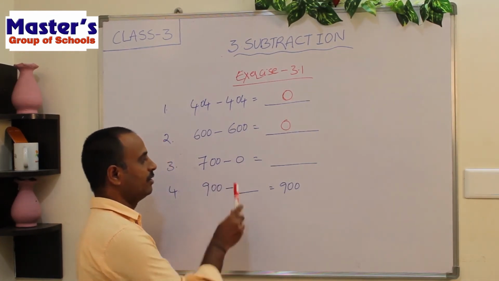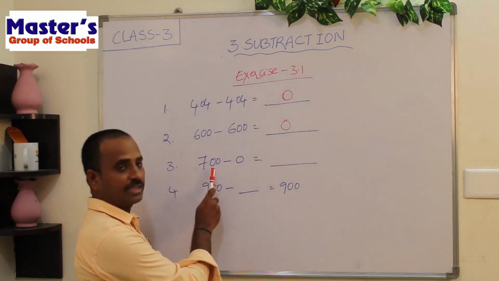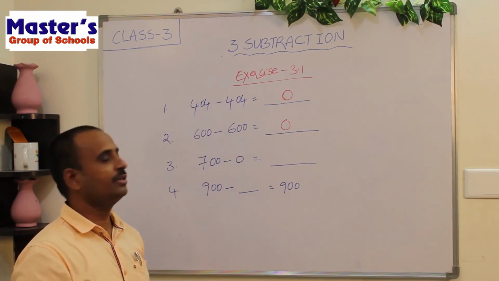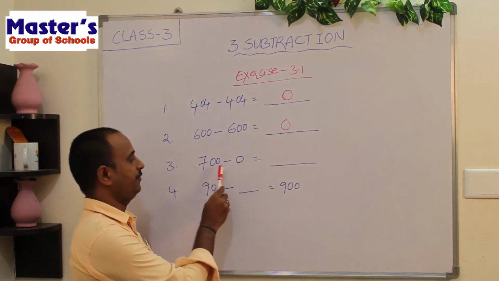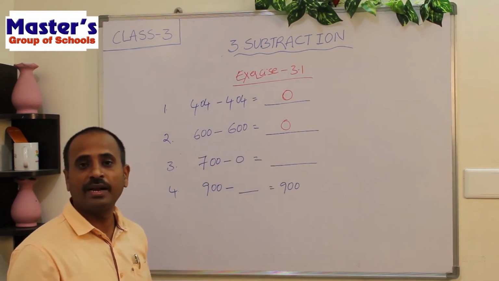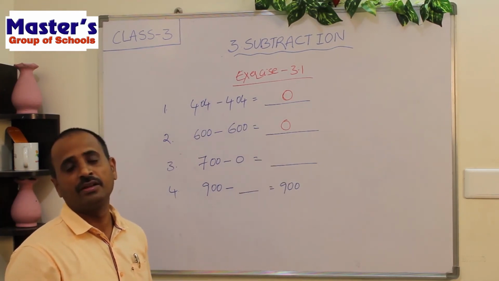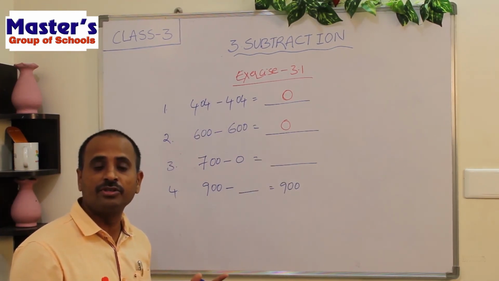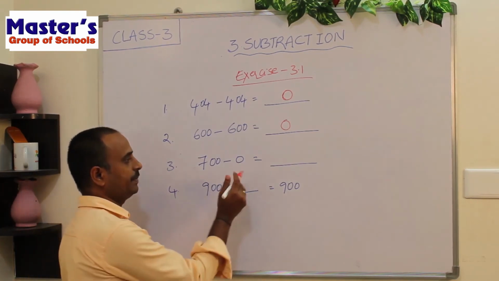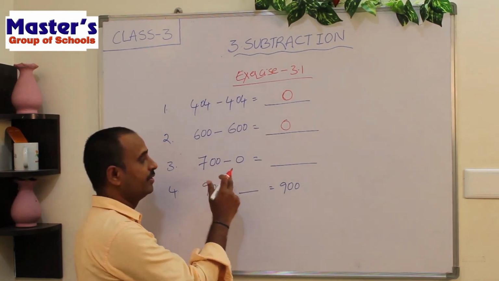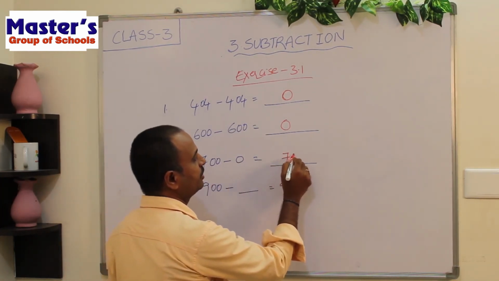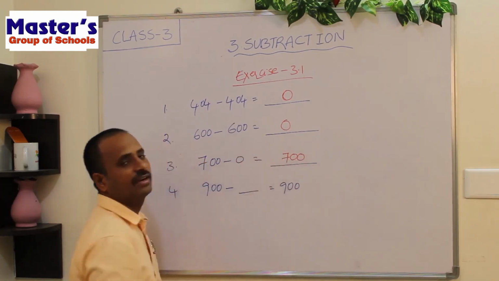That means we have to subtract 0 from 700. If 0 is subtracted from any number, we will get the same number, because subtraction with 0 means nothing. So 700 minus 0 is 700.